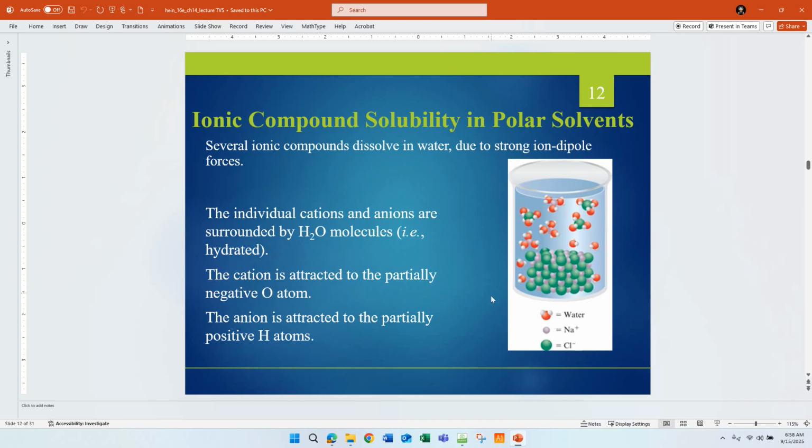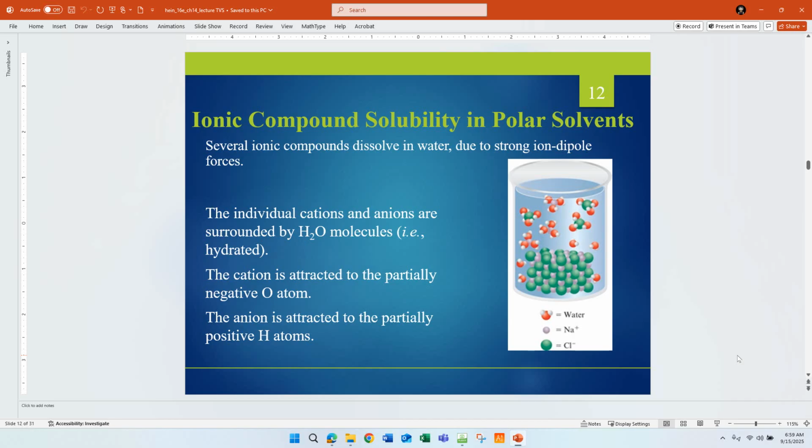So you can see the orientation that the water molecules are taking. The white is the hydrogen, the red is the oxygen. See how the white is orientated around the green here? That shows that the positive hydrogens are attracted to the negative chlorine and pop it off the solid salt.